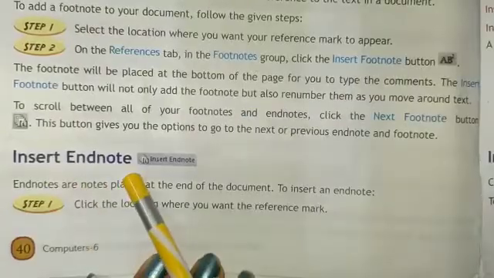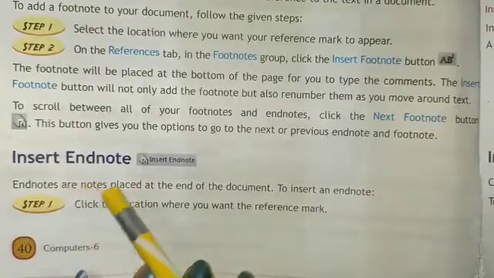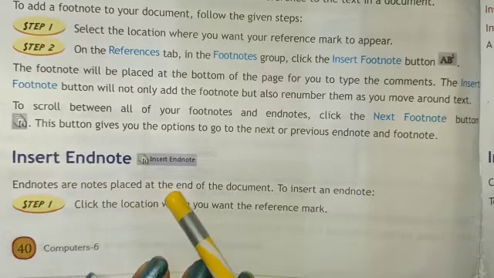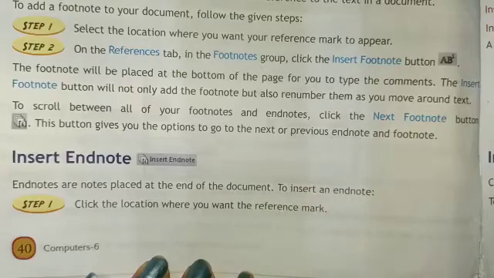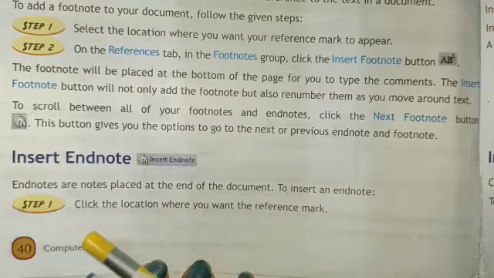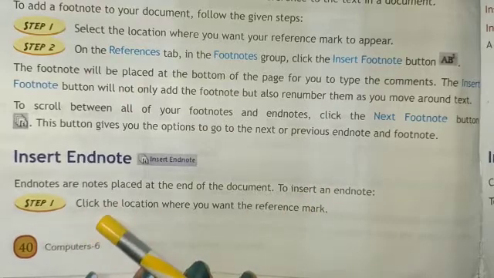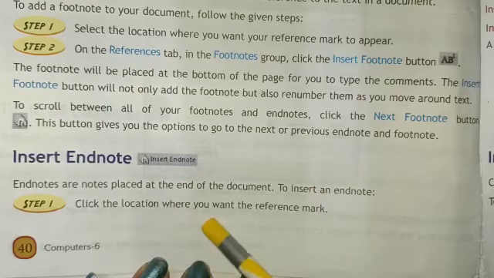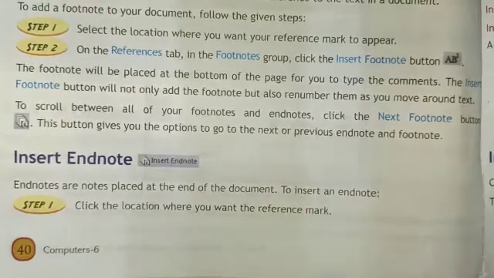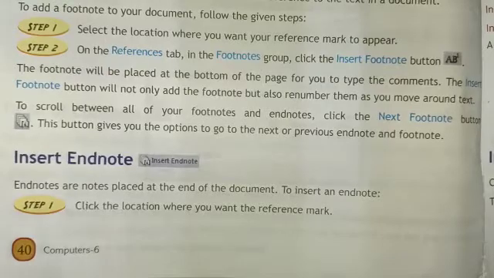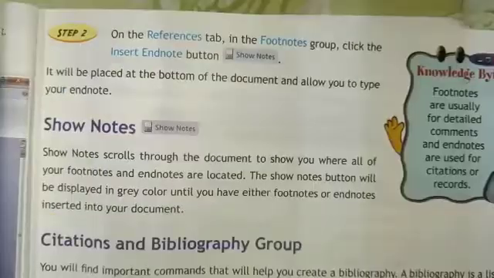Insert endnotes. Endnotes are notes placed at the end of the document. To insert an endnote, follow the steps given here. Step 1, click the location where you want the reference mark to appear.